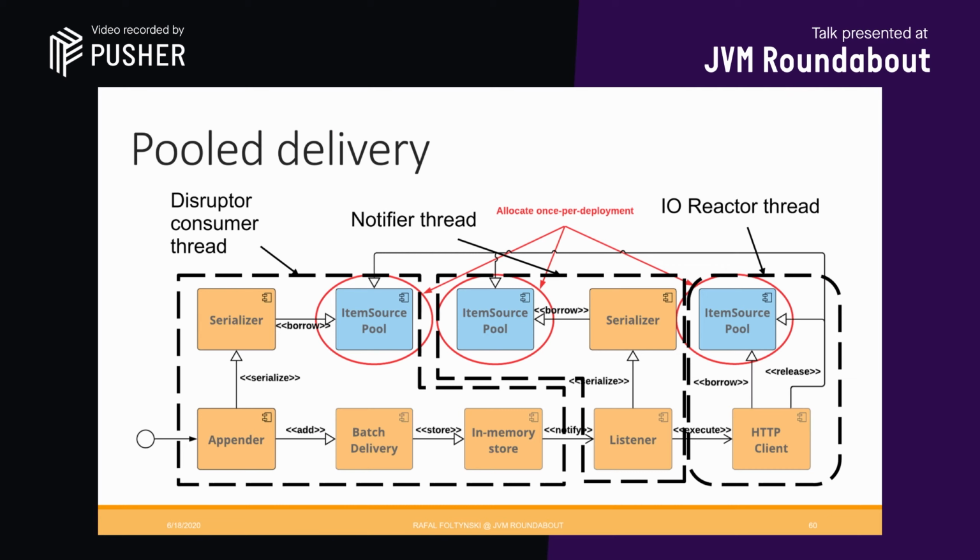Also, I've replaced the disruptor config. Instead of creating new log events every time a new log arrives, I'm just taking the pooled log event from the pool, and this way I managed to get rid of at least the set of objects that I mentioned before.